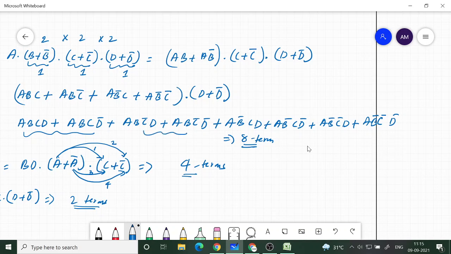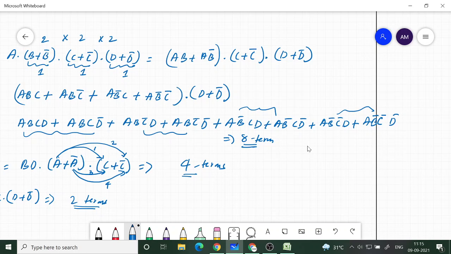Same thing here, here, here. You will have ABC here, ABC bar here, AB bar C here, etc. Then ABC and ABC bar you combine, you will get AB here, and here you will get AB bar. Then again you combine and you will get A.